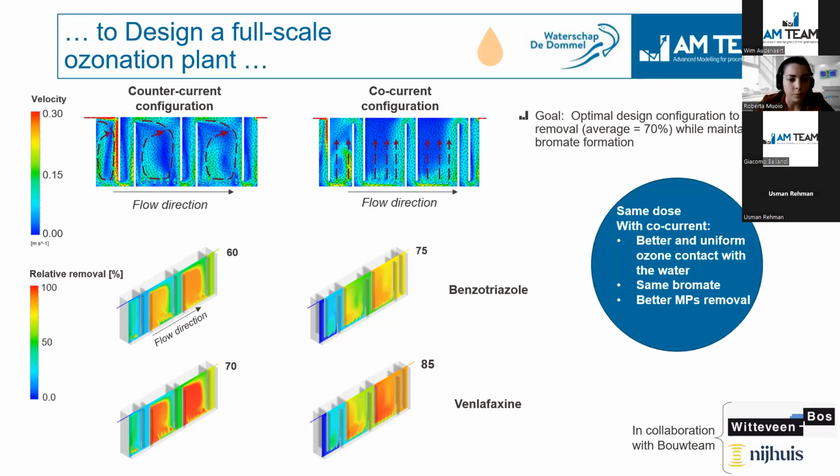And we could also observe very different results in terms of micropollutants removal. So the co-current configuration, thanks to enhanced performances, is able to remove micropollutants better. So we have higher micropollutants removal with the same dose, and also leading to a similar bromide formation, also very important to mention.